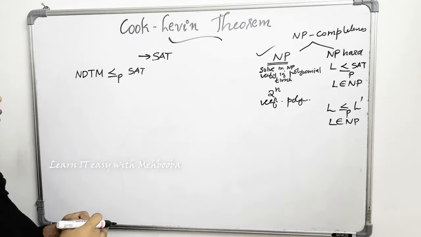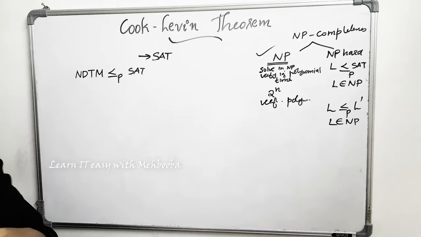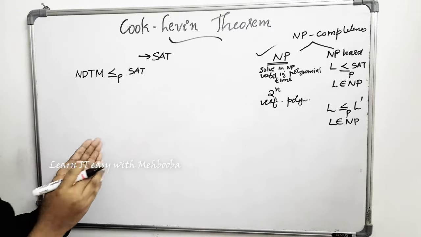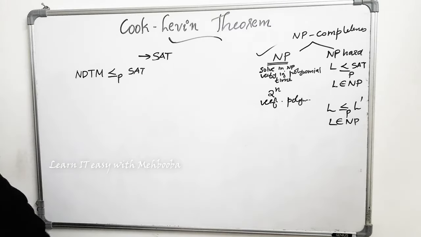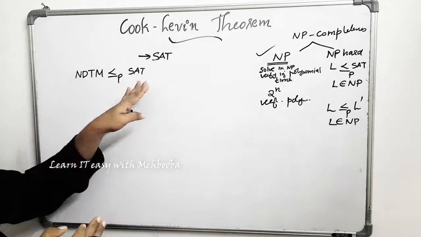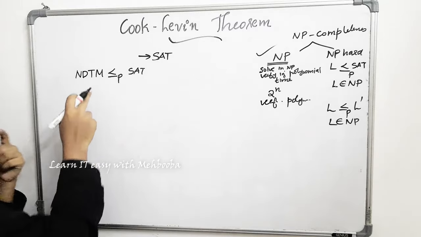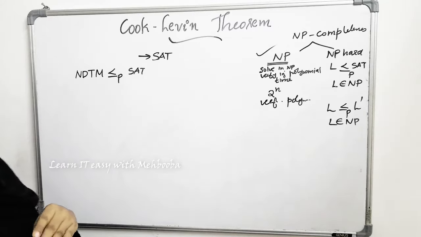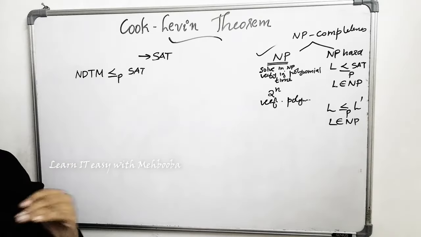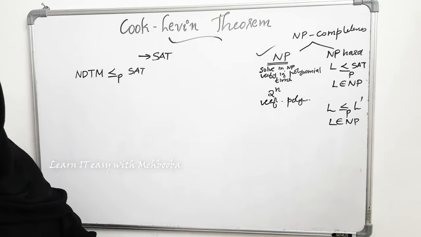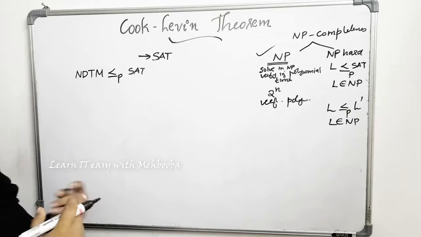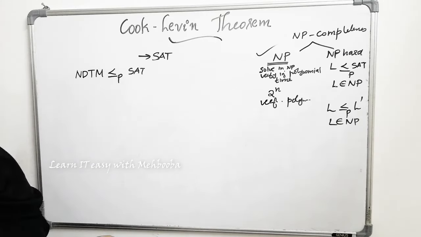So we need to somehow represent a Turing machine in the format of a formula. For that, we will convert a Turing machine into 3 different variables, so powerful that those 3 variables can represent anything a Turing machine needs to represent.